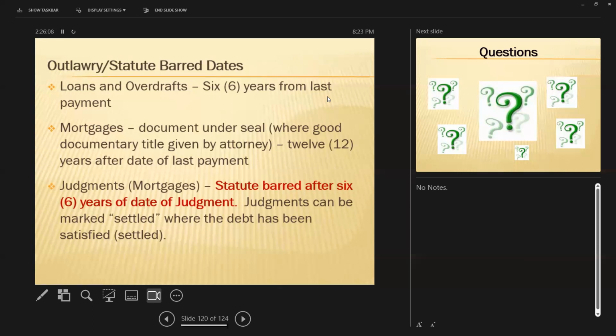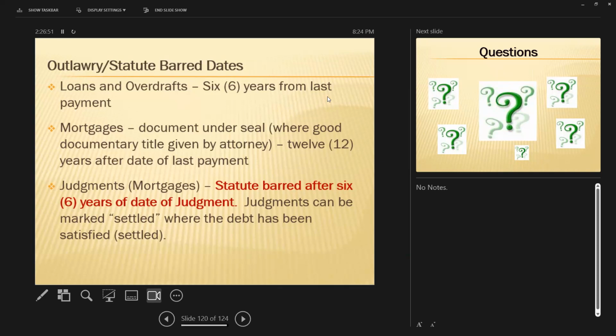Judgments can be marked settled where the debt has been satisfied or settled. And remember the instance where I told you, if someone owes 10,000, but the financial institution accepts 8,000, right? That's settled. Or we may settle for the full amount. Okay. Once it's settled, it's settled, and that can be anytime before the expiration date. We can mark it settled, even if we accept a low amount. But once we accept the 8,000, that's the agreement that we reach with our client, notwithstanding that there's an expiration date, right?